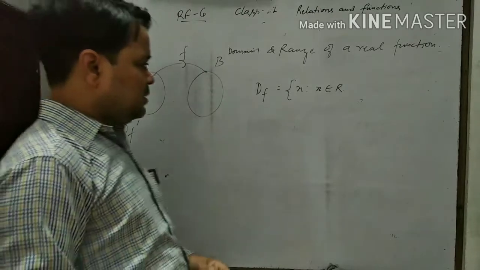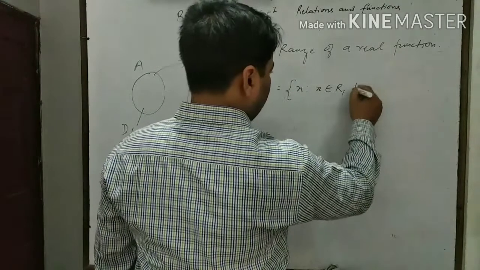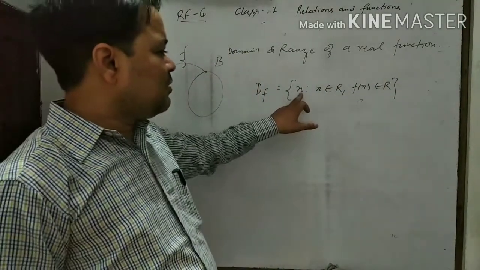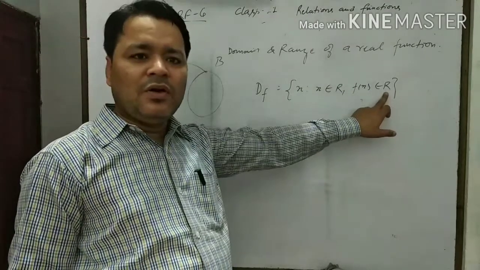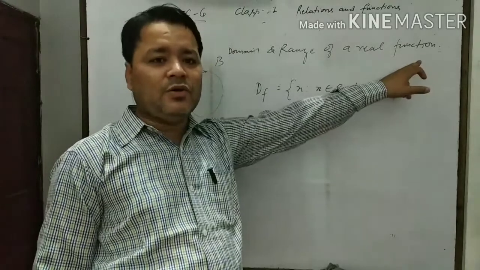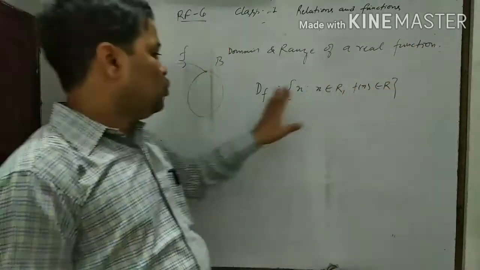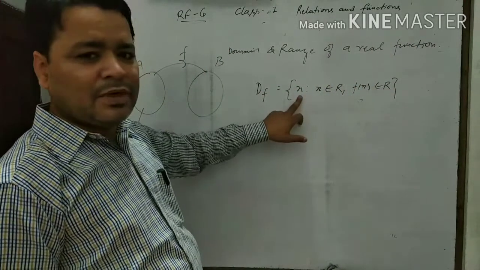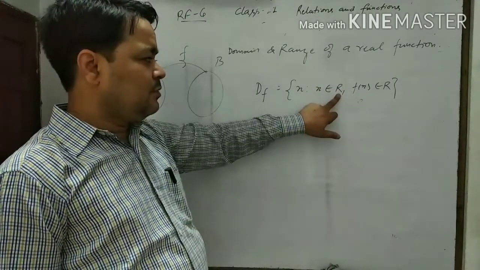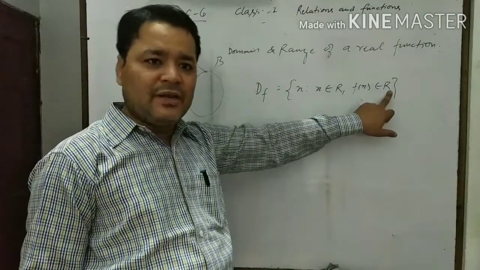So the domain of the function is all x such that x belongs to real numbers, for which the image of this number, that is f(x), should also be real. I am not talking about a real valued function now, because in our syllabus it is only a real function. The domain of the function will be that number which is real, and the image of that number is also real.